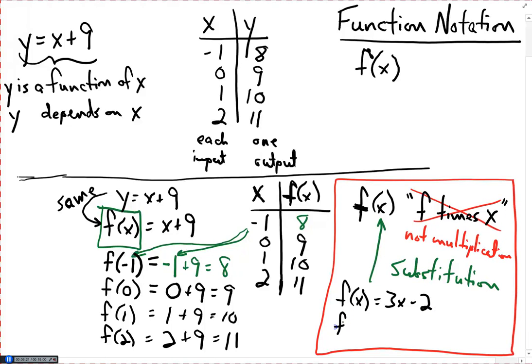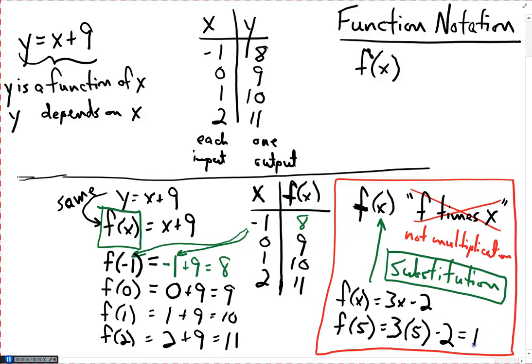Well, if I want to know what is f of, let's say, 5, I'm going to substitute the value 5 in for x. So I would write f of 5 equals 3 times 5 minus 2, which is 15 minus 2, which is 13. So f of 5 would be 13 for this particular function. And that's all function notation is. It just means you're substituting values, but it does not mean multiplication.